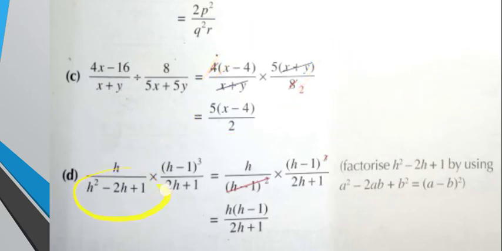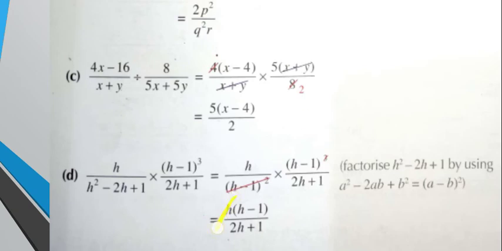So h squared minus 2h plus 1, when you factorize it, you will get h minus 1 times h minus 1, which is h minus 1 squared, which when you cancel with this h minus 1 cubed, you will have h minus 1 to the power of 1 remaining in the numerator. So that will be h times h minus 1, bracket there, over 2h plus 1 now.